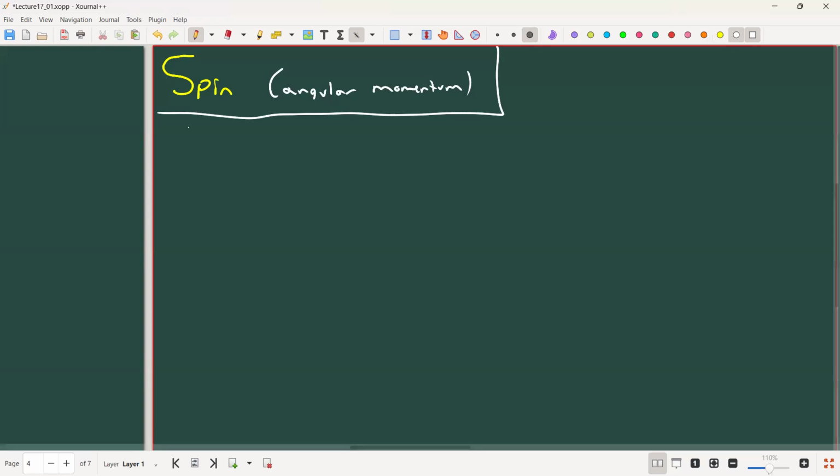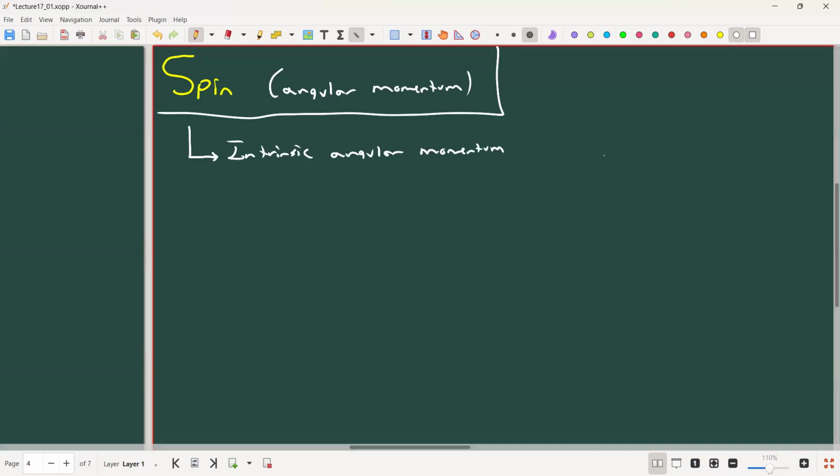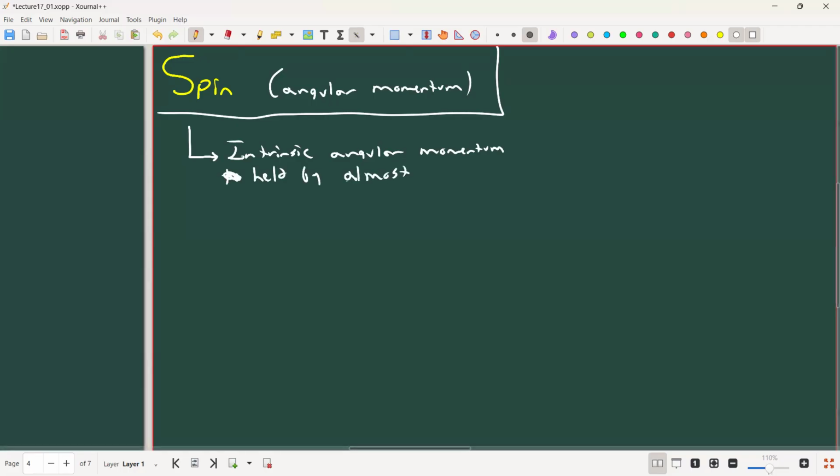Okay, and this is an intrinsic angular momentum held by almost every fundamental or microscopic particle.